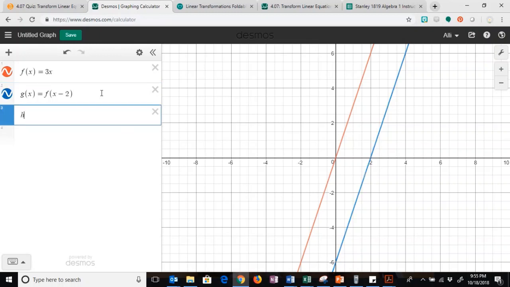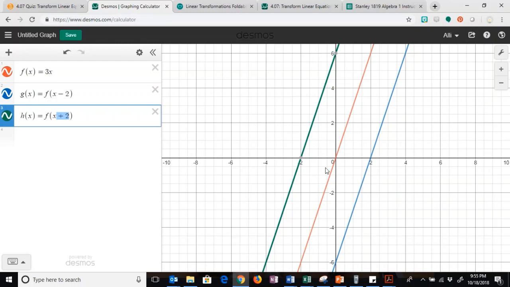And likewise, let's say I have another function. When I have a +2, remember this is opposite, I'm really moving in the left direction, so you can see that this function has moved to the left 2 units. This kind of shows you how it's opposite.